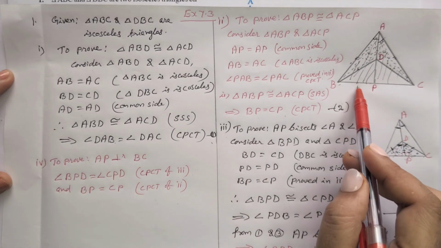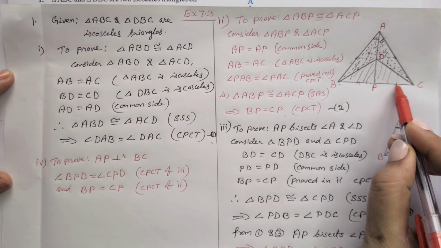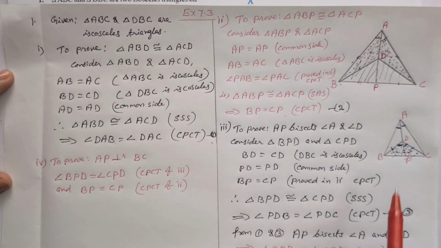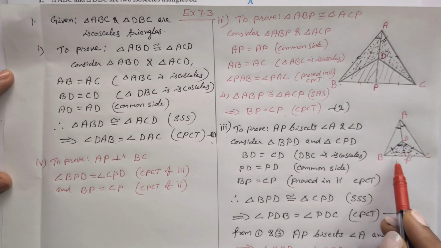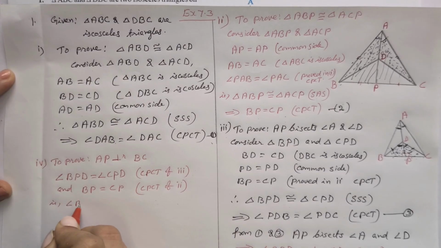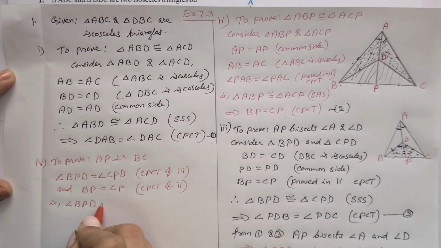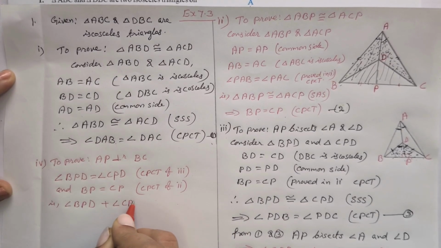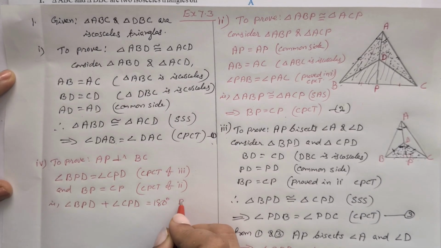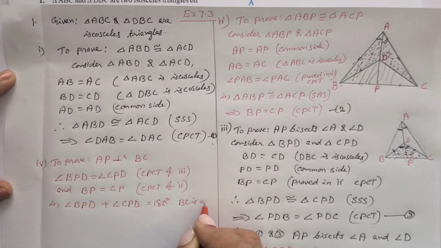Again, BP is equal to CP, that is the CPCT of the second part. So these two angles are equal and these two sides are equal. So we can write angle BPD plus angle CPD is equal to 180 degrees because BC is a straight line.